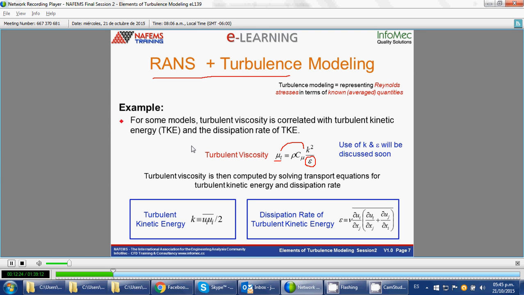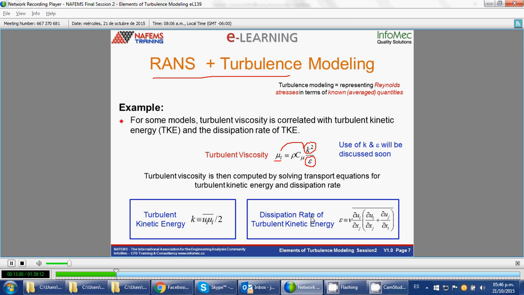K is our turbulence kinetic energy, and epsilon is the rate at which the turbulent kinetic energy is dissipating. So if you replace mu t by K and epsilon, now you have two unknowns to deal with. If you come up with an equation for K and an equation for epsilon, you'll again try to fix that closure problem.